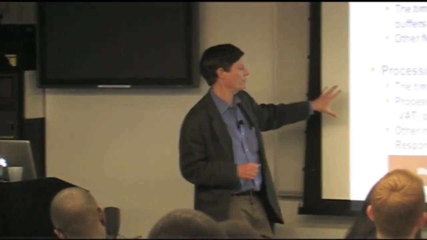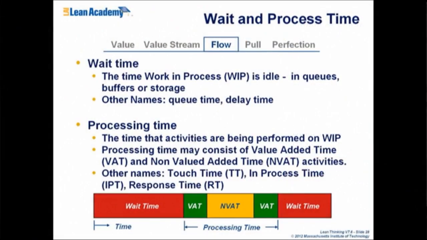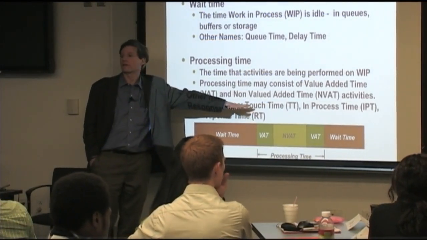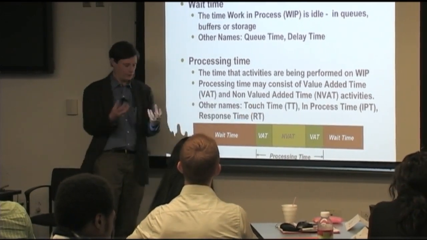Processing time, on the other hand, is a little bit more complicated. So now something is happening to the work product. Some sort of resources are being consumed. Maybe a person is working on it. Maybe a machine is working on it. And that could be value-added or non-value-added. It could be an active or relatively passive use. There are multiple names for it. I kind of like touch time because it's intuitive.